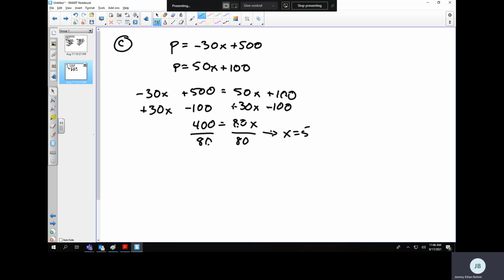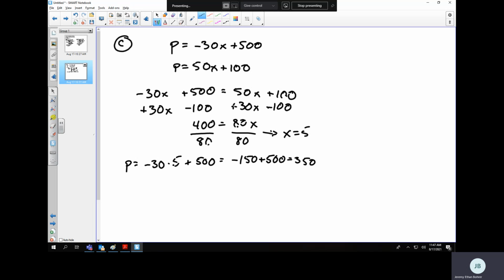Well, if x equals 5, I can plug that into either of my other equations, and I should get the same number. As usual, we will check both equations to be on the safe side. If I plug it into the first equation, I get P equals negative 30 times 5 plus 500, which is negative 150 plus 500, which is 350.